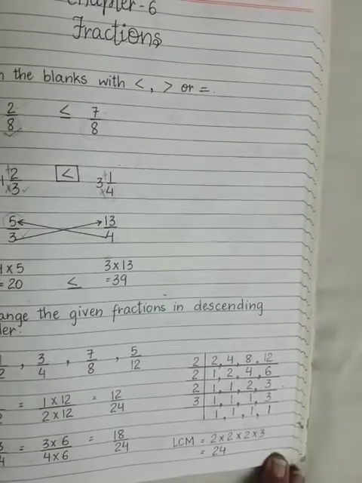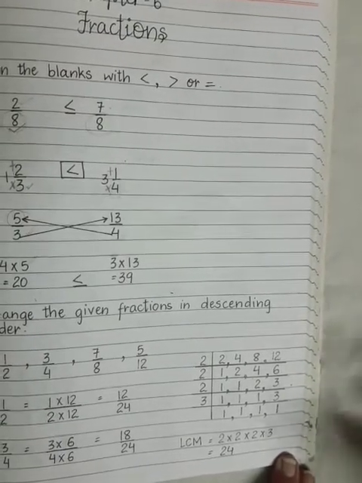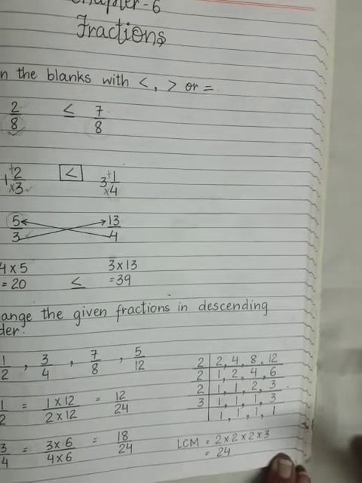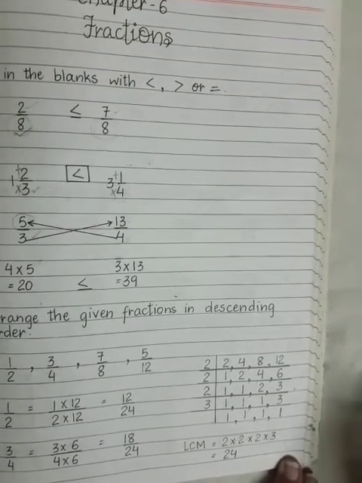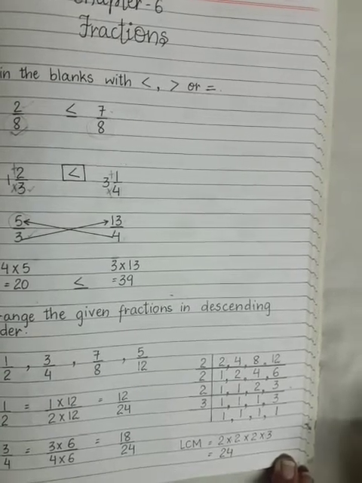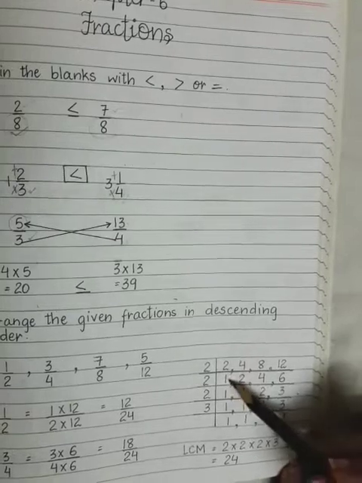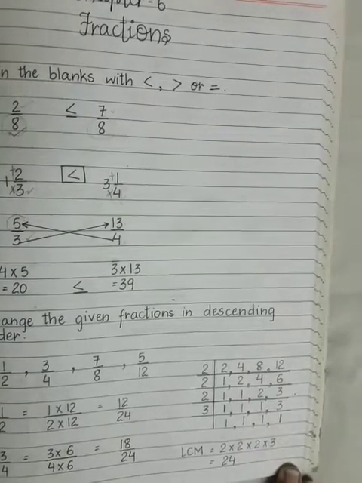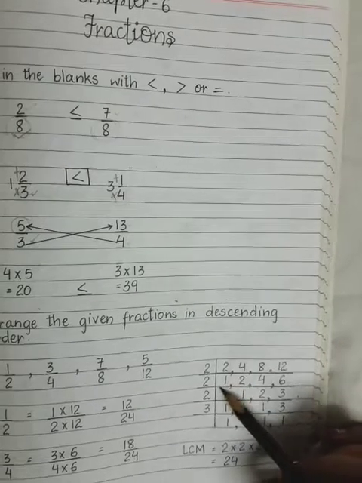Then the second step is that we will continue dividing the quotients by the least common factor till you get 1 as the quotient for all the numbers. So, you need to get 1 as the quotient for all the numbers. Now, we have got only 1 here.